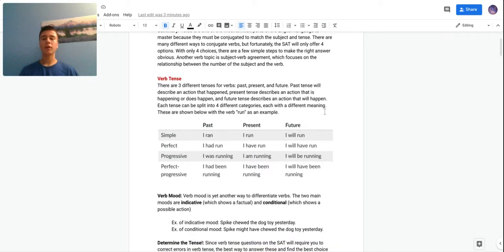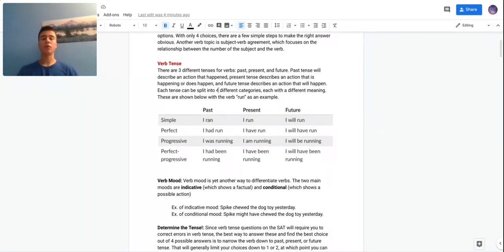So for verb tense, there are three main tenses for verbs, which are past, present, and future. A verb in the past tense will describe an action that happened. A verb in present tense will describe an action that does happen now or is happening. And a verb in the future tense will describe an action that will happen. Each tense can be split into four categories, which we see in the chart as simple, perfect, progressive, and perfect progressive.